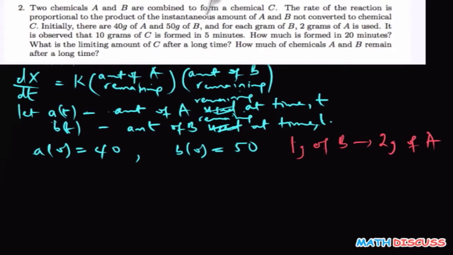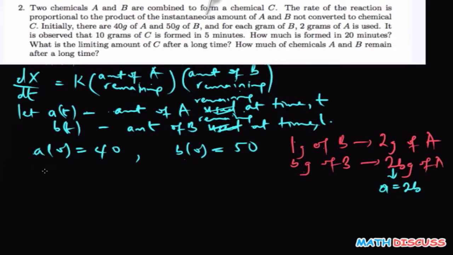We're using B grams, so for B grams of B, you must have used 2B grams of A. Since A grams combines with B grams, A must actually be 2B. So A equals 2B.